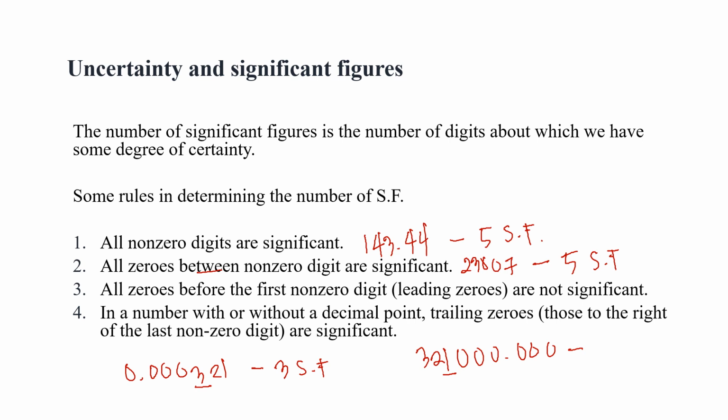For this number, we have 1, 2, 3, 4, 5, 6, 7, 8, 9. So you have 9 significant figures. Those are our rules in determining the significant figures of your numbers.